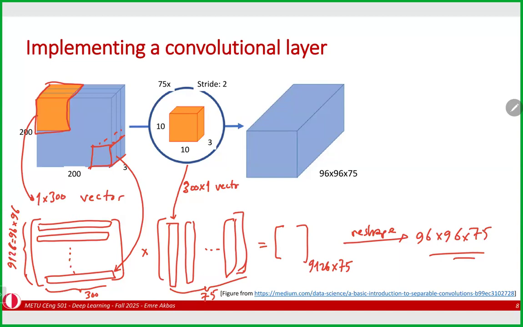Usually the stride is less than the filter size. So this is how convolution is implemented in any serious implementation.